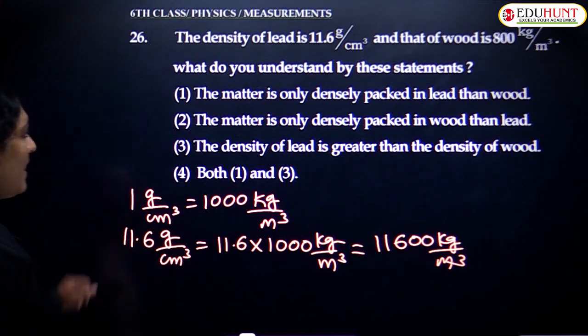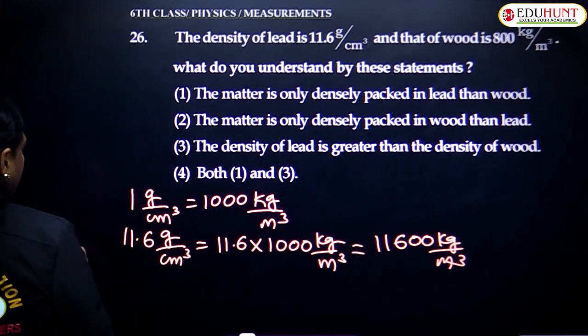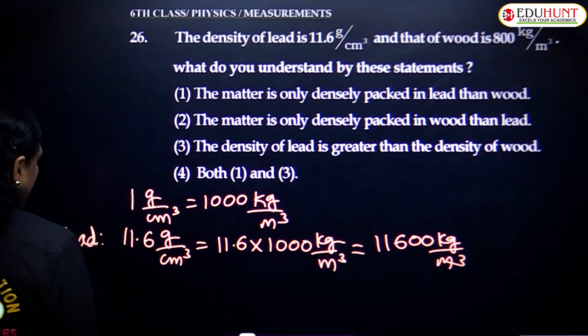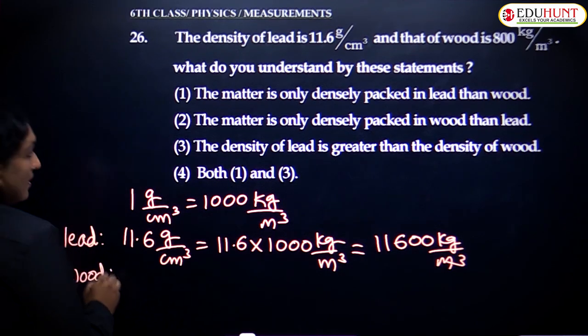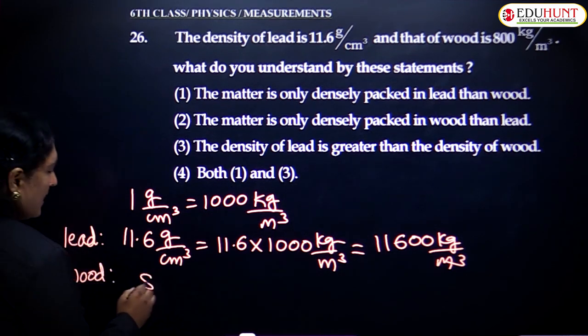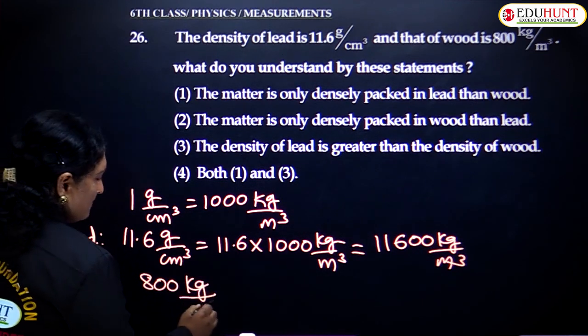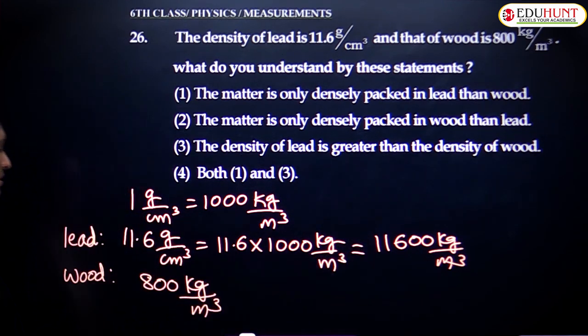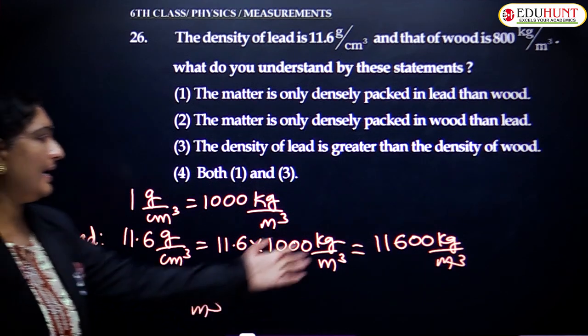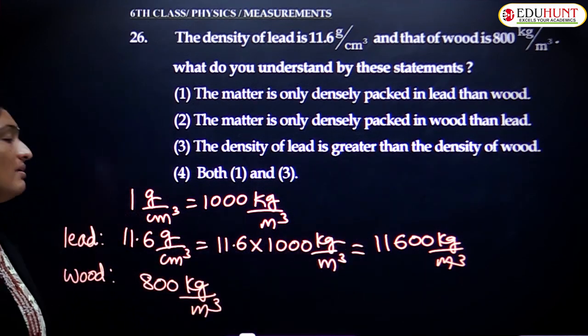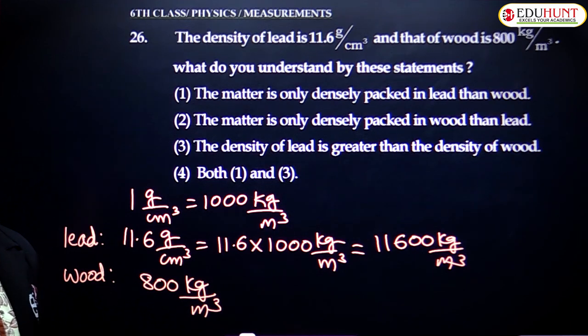So this is for lead, whereas the other one is wood. For wood they gave 800 kg per meter cube. Comparing these two, whose density is more? Lead density is 11,600 kg per meter cube, whereas density of wood is only 800 kg per meter cube.